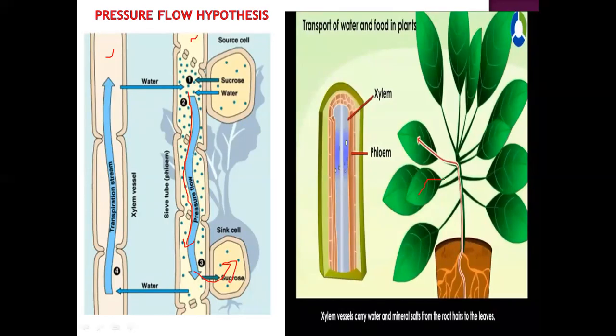Midrib means the rib present in the center, and the sides are called veins, like we have spread veins in our body to flow the blood. So you see xylem is in the center, the water is flowing here, and phloem is at the side, so water can move from xylem into the phloem for translocation.